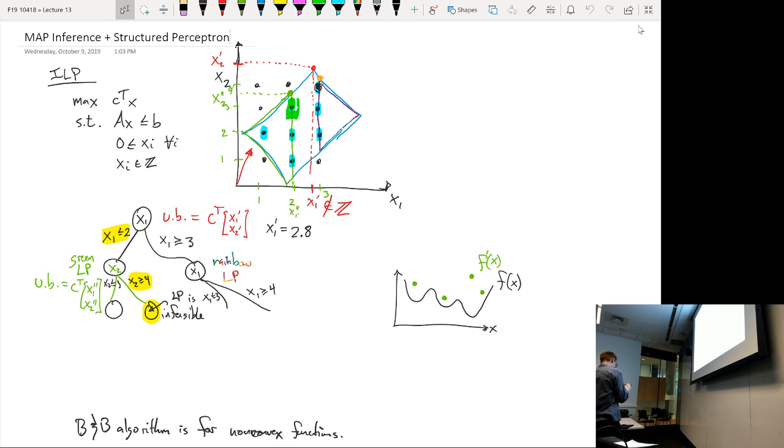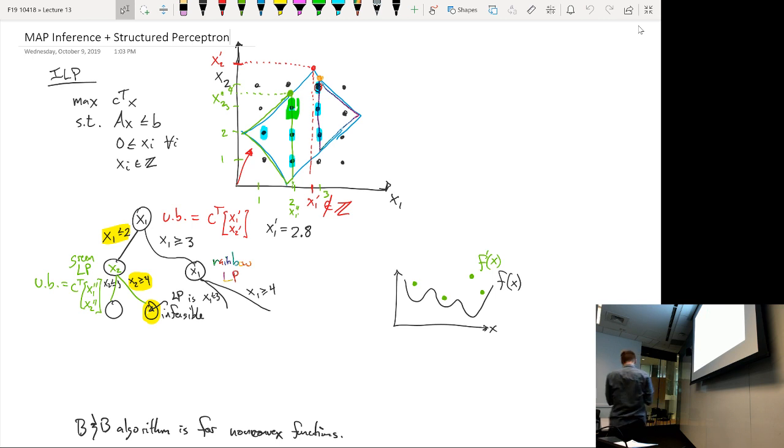So now we need a couple points shown here for the case where x1 is greater than or equal to 4. But what happens when we actually subdivide this rainbow LP?